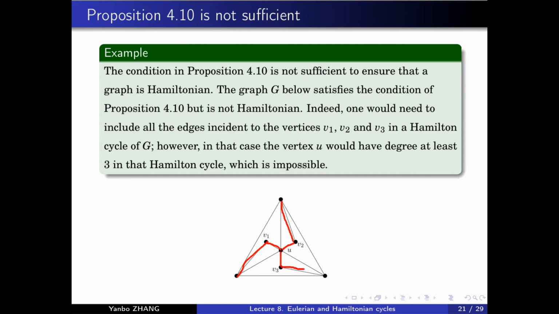Also, the two edges incident to V3. In this way, the vertex U in the middle would have degree at least 3 in that Hamilton cycle, which is impossible because in a cycle, every vertex has degree 2. So this graph is not Hamiltonian.